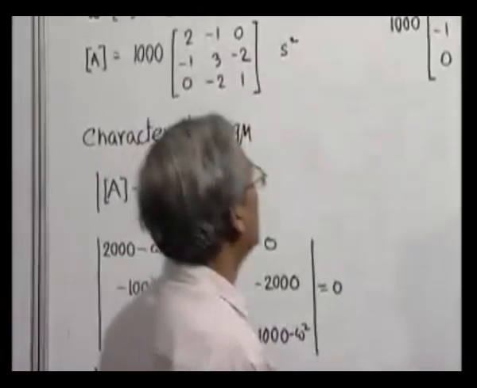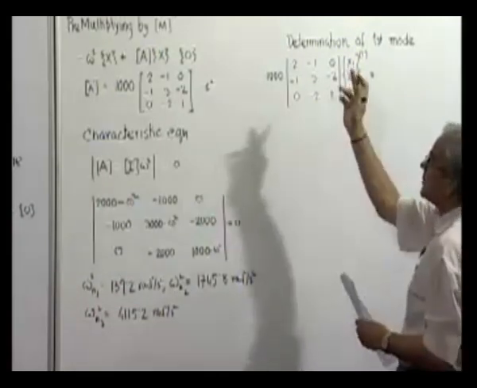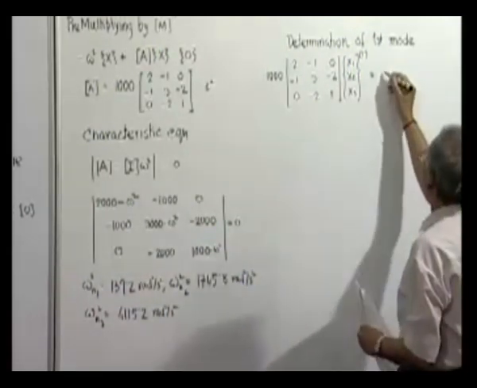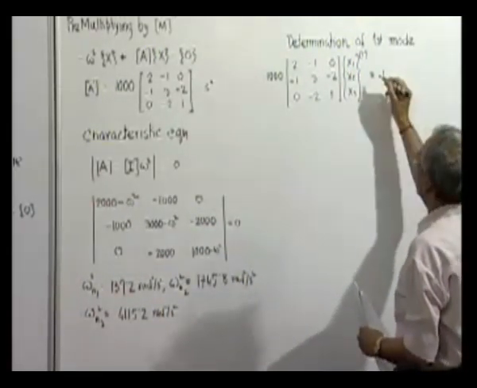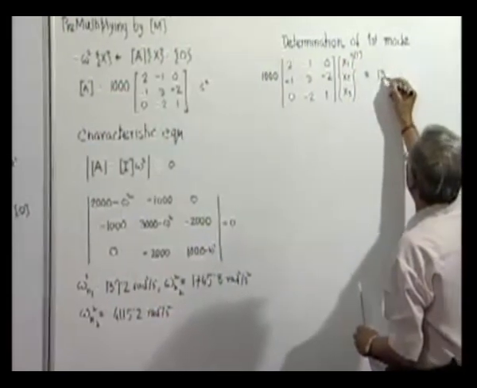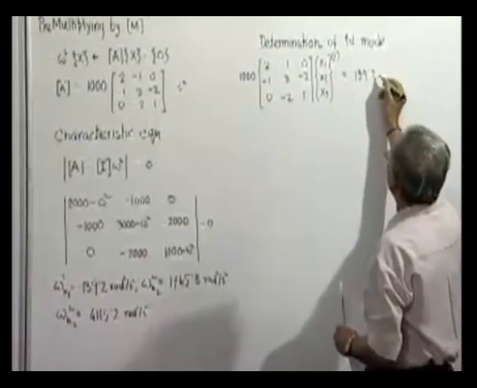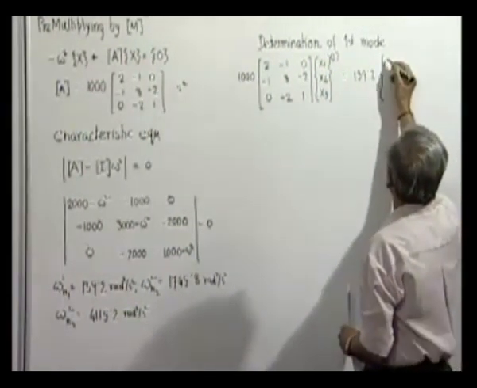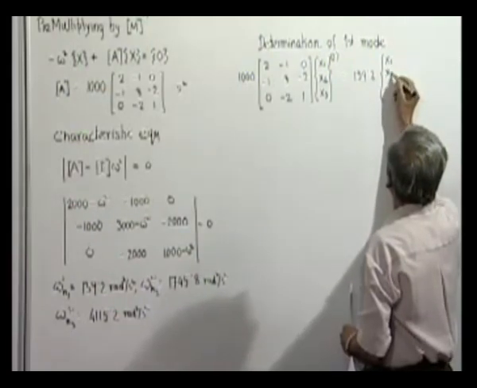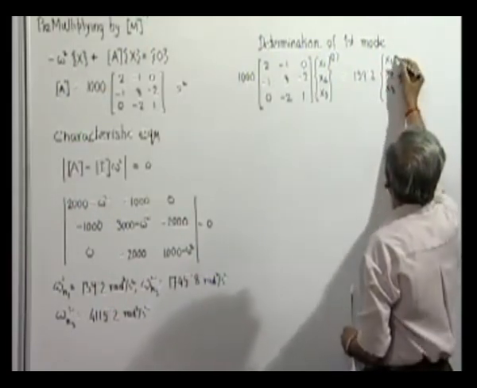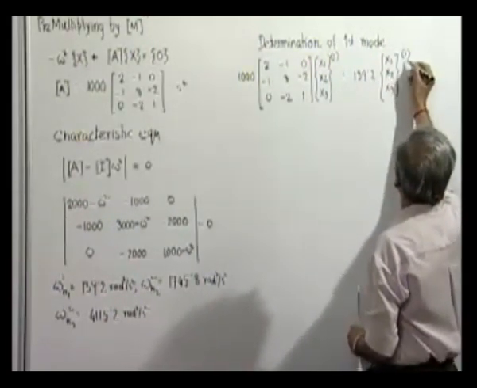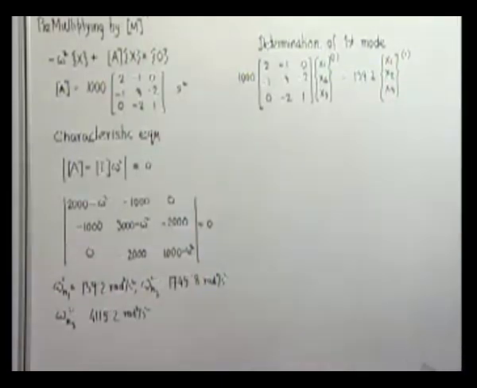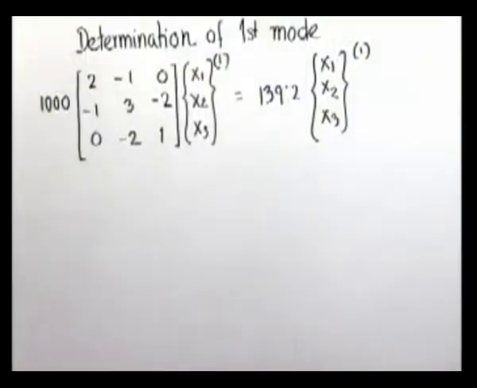When you take it to the other side, minus becomes plus omega 1 square. Now omega n1 square for the first mode is 139.2. So this is the equation for the first mode, and we have to now find out x1, x2, x3 for this first mode.